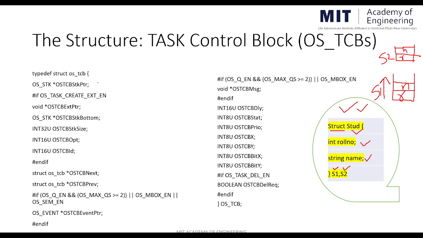Now we will compare our OS_TCB structure with the normal structure. See here, the struct keyword is written. Struct is the keyword, and os_tcb, in small letters, is the name of the structure. Then the curly brackets of the structure start.